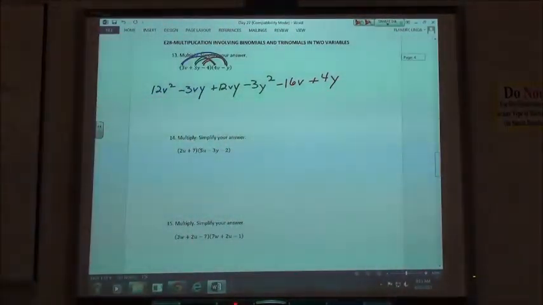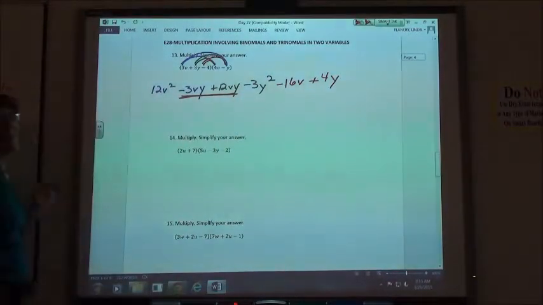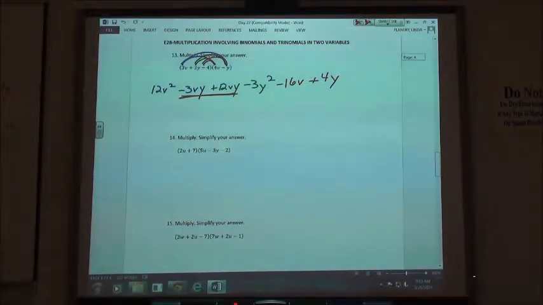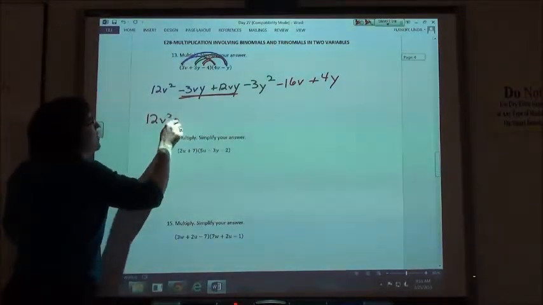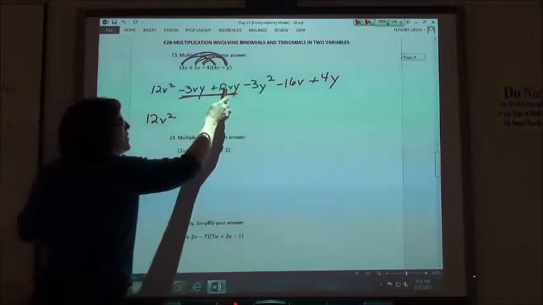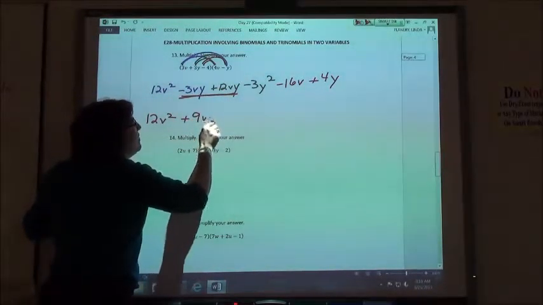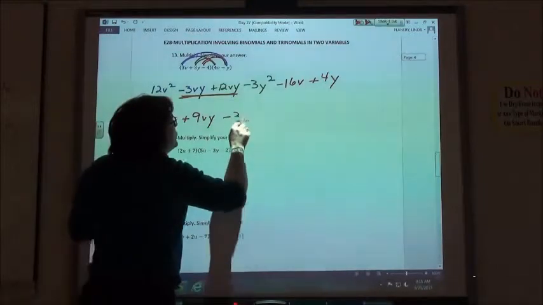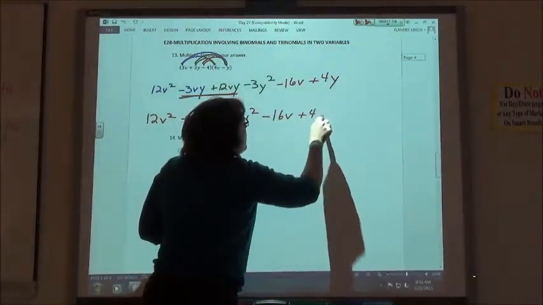I then look to see if there's anything I can combine. I can combine those two terms with the vy, and so I'm going to have 12v squared, negative 3 plus 12 would give me positive 9vy minus 3y squared minus 16v plus 4y.